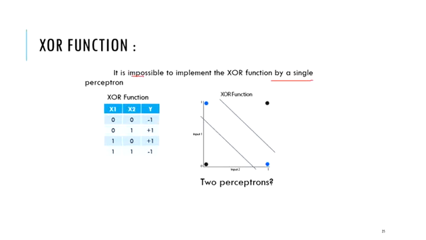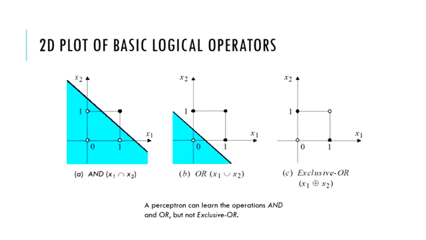For this, we need something more sophisticated. We can model the AND operation and the OR operation, primarily because one line or one split is enough to break the feature space into two portions, but we cannot do the XOR operation.